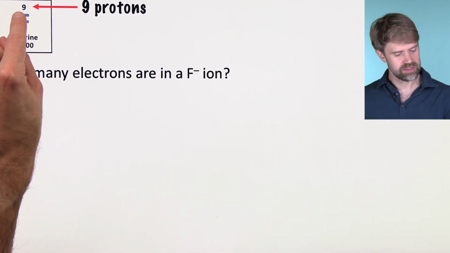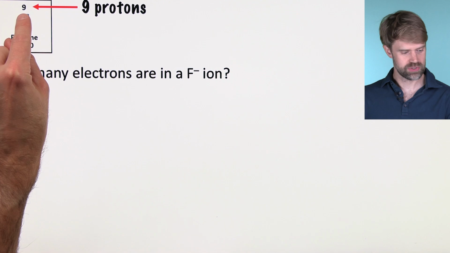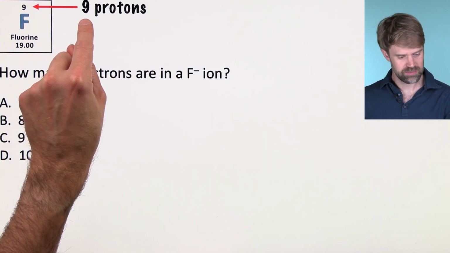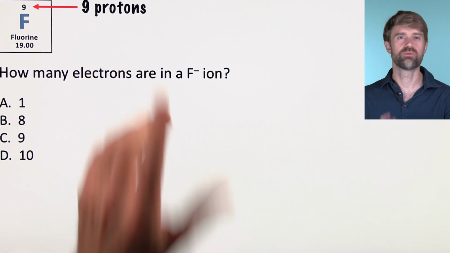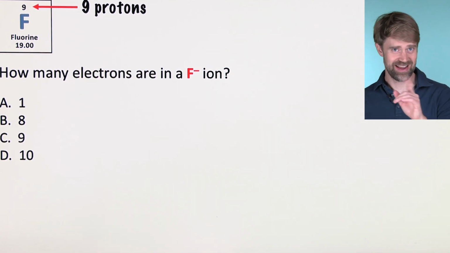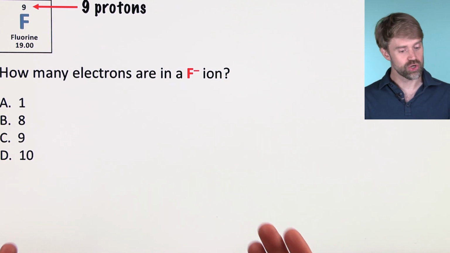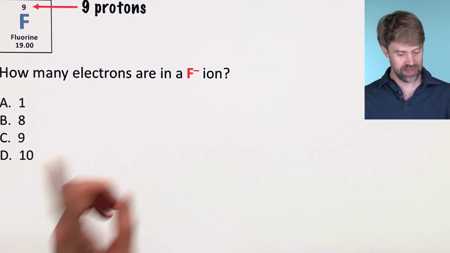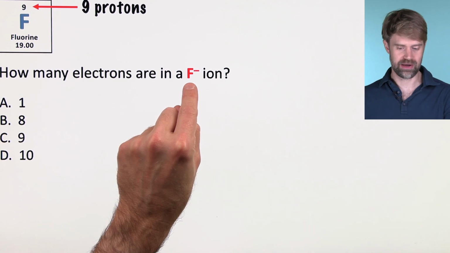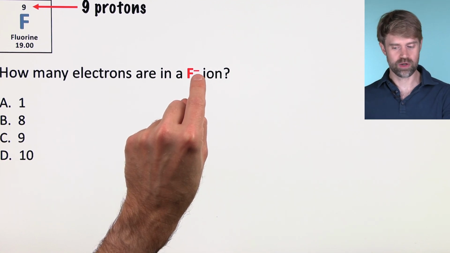Always look at the atomic number first. Fluorine has an atomic number of 9, which means it has 9 protons. Fluorine will always have 9 protons. Now, this isn't a neutral atom of fluorine, it's a F- fluoride ion, which has a -1 charge.